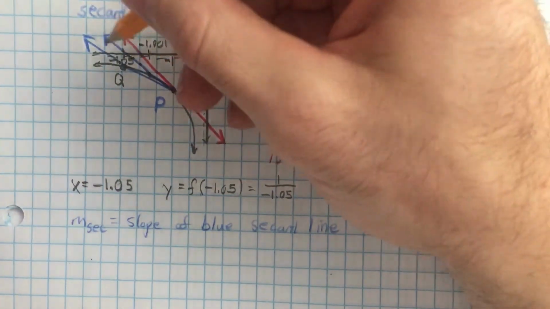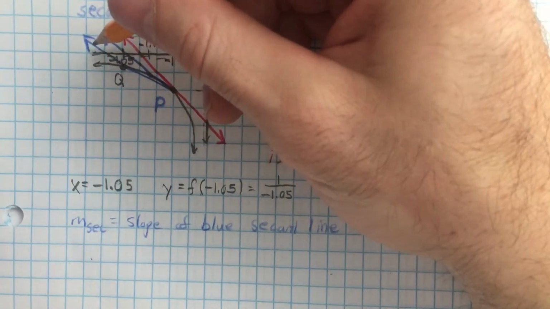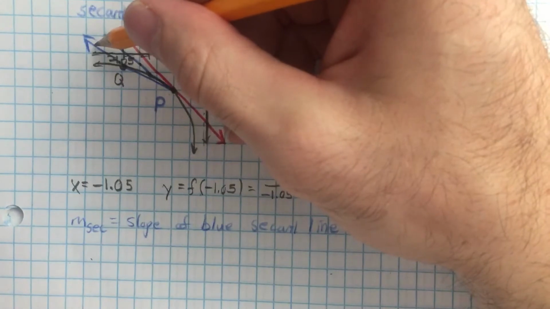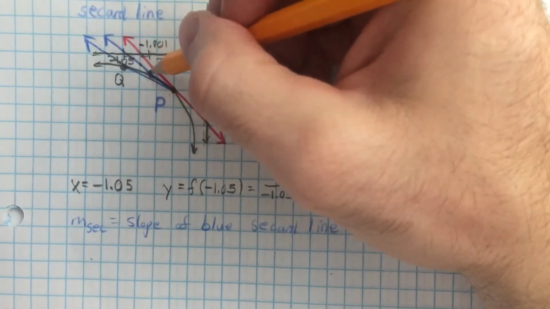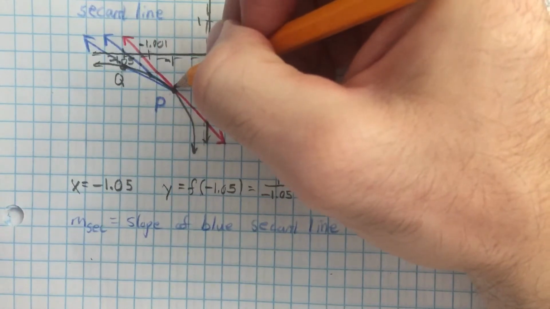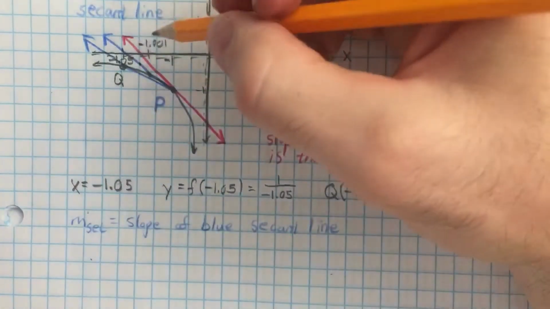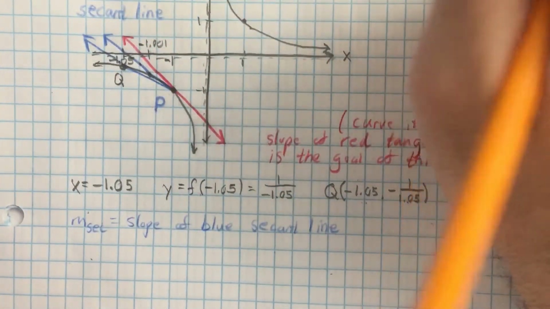P and Q have a line between them, and that is our secant, and the slope of the secant is what we're interested in, because it's going to get closer and closer to becoming the slope of the tangent line. So m, usual notation for slope, and secant because it's a line connecting 2 points on a curve. That is what a secant is.